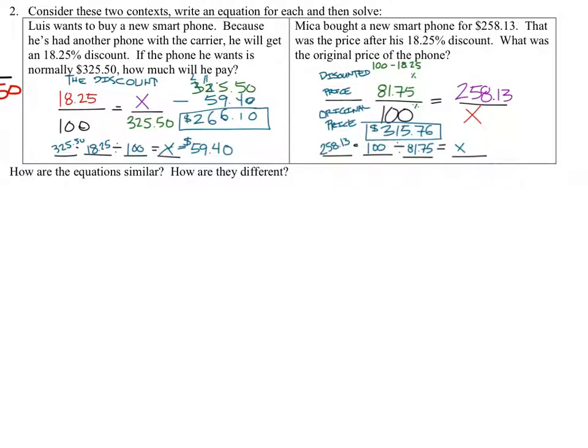All right, now the second part says, how are the equations similar or different? So they are proportions still. The only thing that was different, hopefully you guys saw this, in this first part, the way we did it the first time is the unknown is in the numerator for that second fraction. And for Micah, we had the unknown in the denominator.